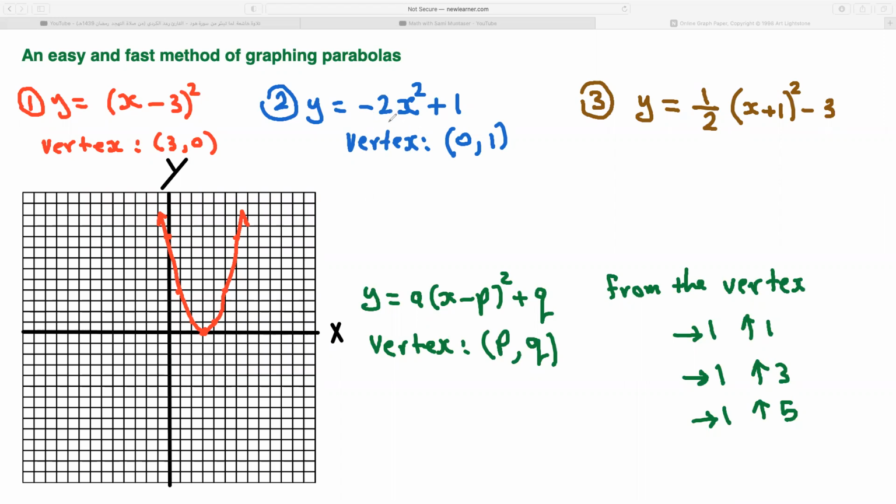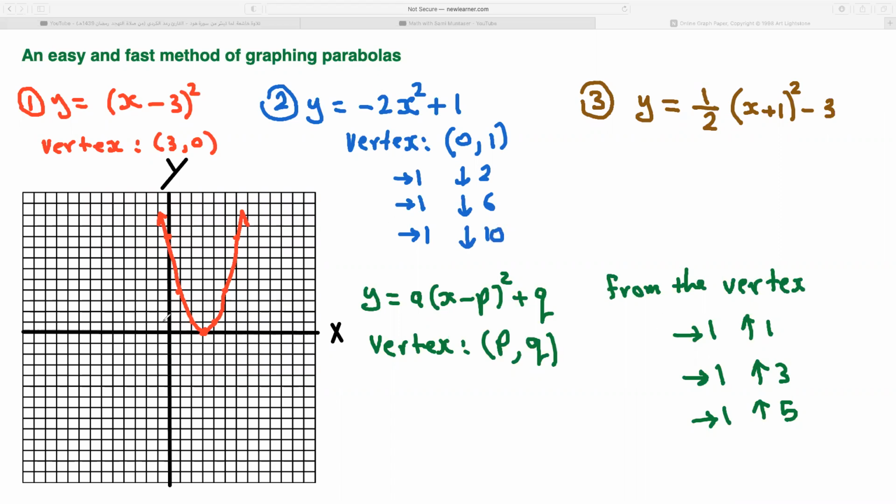And then A is not 1, it's 2, so you multiply these by 2. So out 1 instead of up 1, it's supposed to be down 1, but because of the 2, you multiply the 1 by 2, so it becomes down 2. And it's down because the parabola is opening down. Instead of 3, you multiply by 2 and you get 6, and the negative makes it go down. Instead of down 5, it's down 10 because you multiply the 5 by 2.